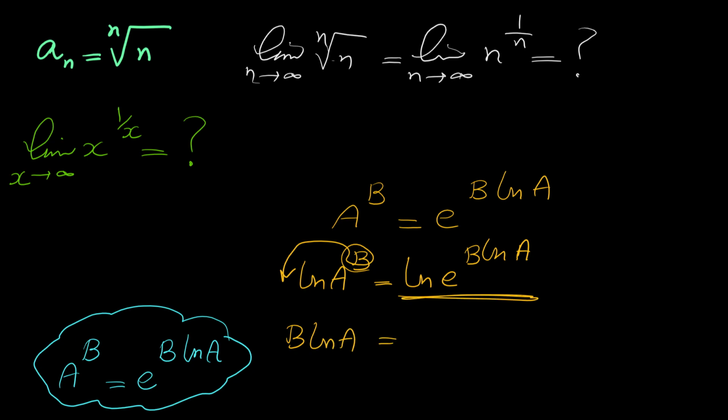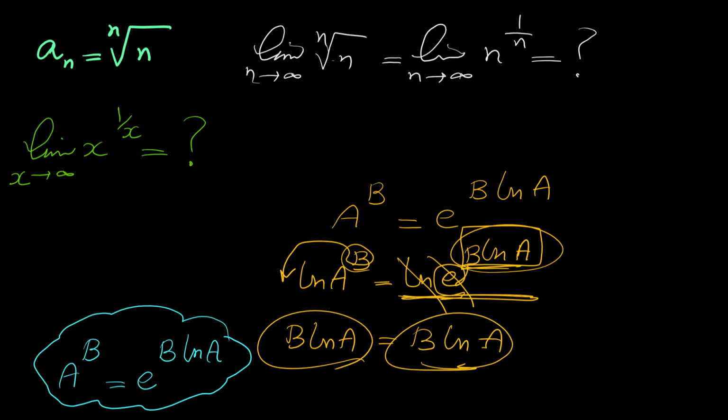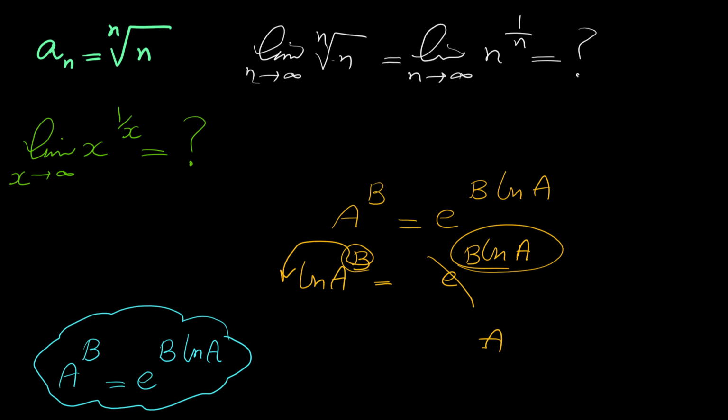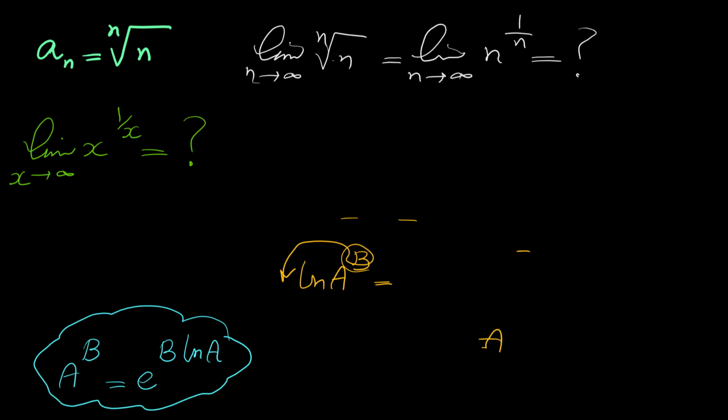Look here. We have ln of e to the power of something. ln and e are inverses of each other, so we have b ln of a. These two are equal. This means that because this is true, this is also true. This is another reason for this relation. Anyway, keep this relation in your head.